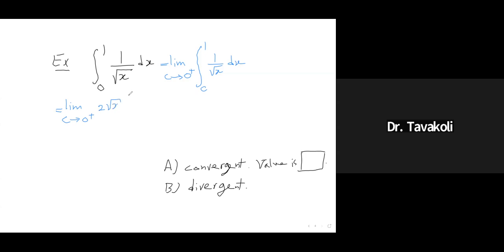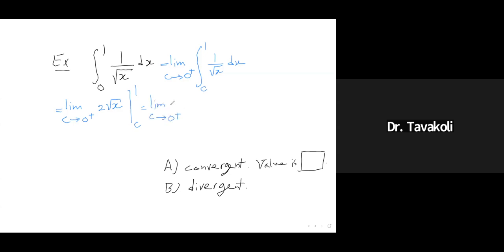So antiderivative of 1 over radical x is 2 times radical x. And I need to evaluate at these numbers, c and at 1. So the limit as c tends to 0 from the right side.